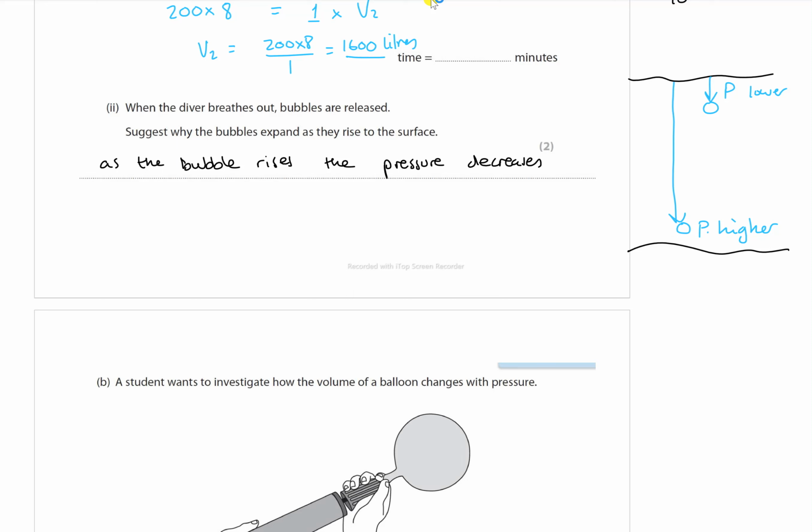As the bubble rises, the pressure decreases because pressure is height times density times gravitational constant, h rho g. So height times density of the liquid or gas times gravity or gravitational field strength. Let's just put gravity for now.